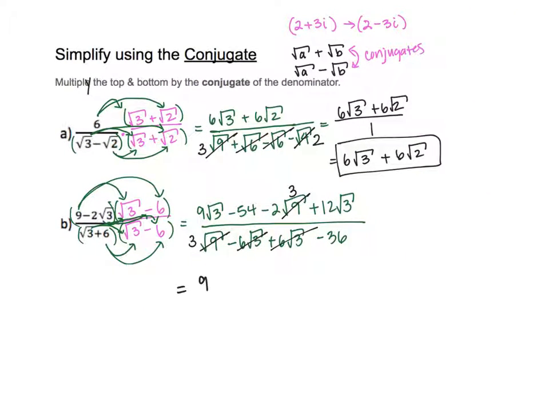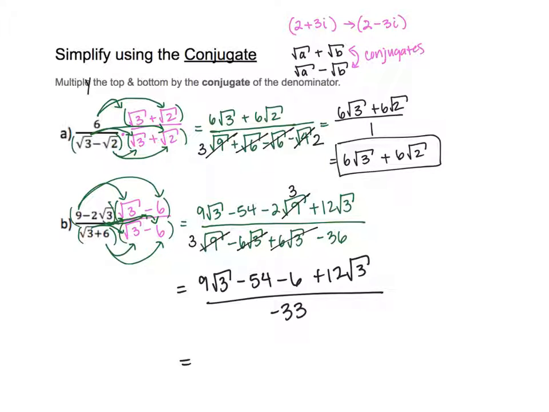So I have 9 square root of 3 minus 54. This here is negative 2 times 3. So negative 2 times 3 gives me negative 6, plus 12 square root of 3 over, what's 3 minus 36? Well, that's just negative 33.